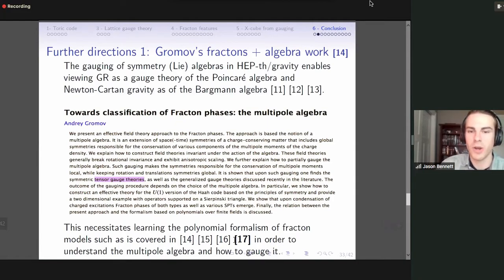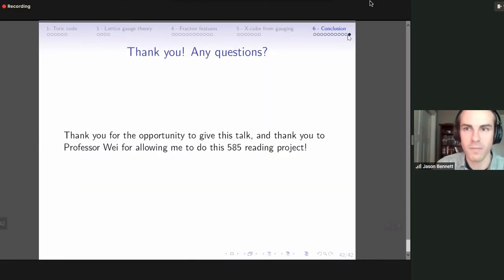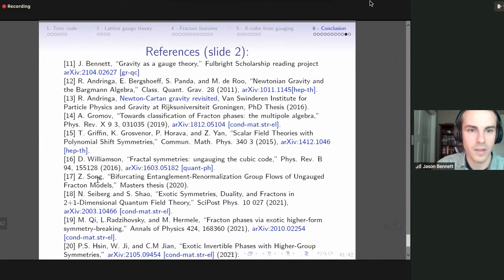And also I wanted to highlight that this polynomial formalism of fractons was the subject of a previous master's student thesis of Professor Wei's. It was looking at RG flows in models like this, where most of it relied heavily on this polynomial formalism.